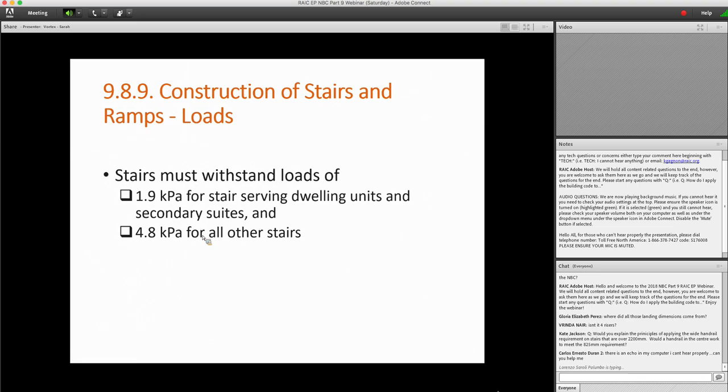Stairs and ramps must be able to withstand loading of 1.9 kilopascals for stairs serving dwelling units and secondary suites, and 4.8 kilopascals for all other stairs.